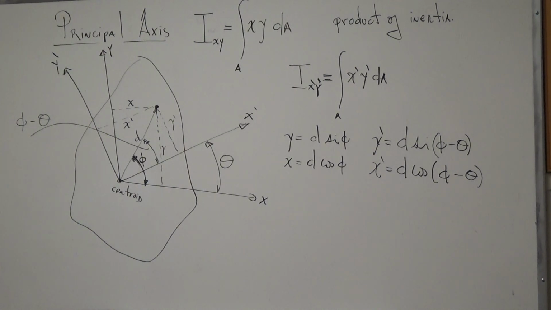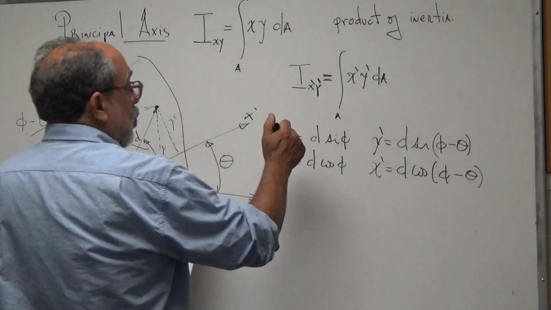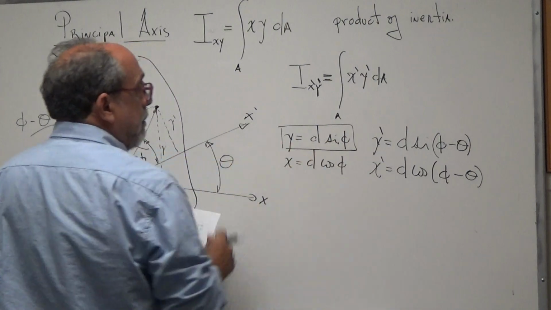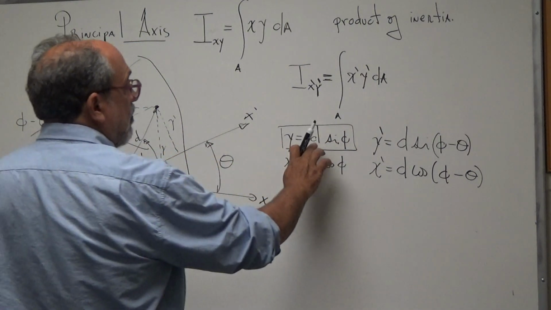From here, we can say that, let me see. Okay, so what I'm going to do is the following. We're going to take this expression here that says y is equal to d sine of phi, and we're going to solve for d.